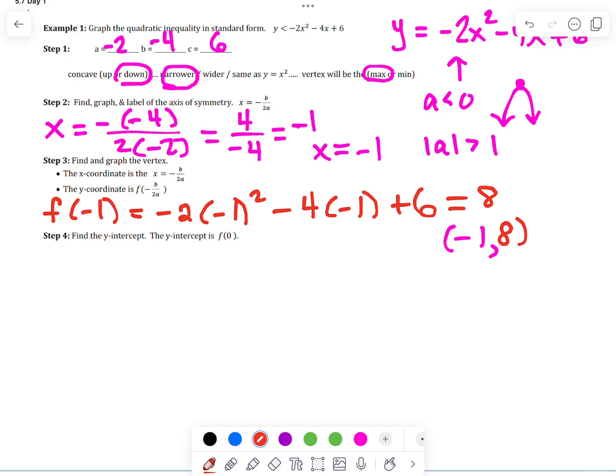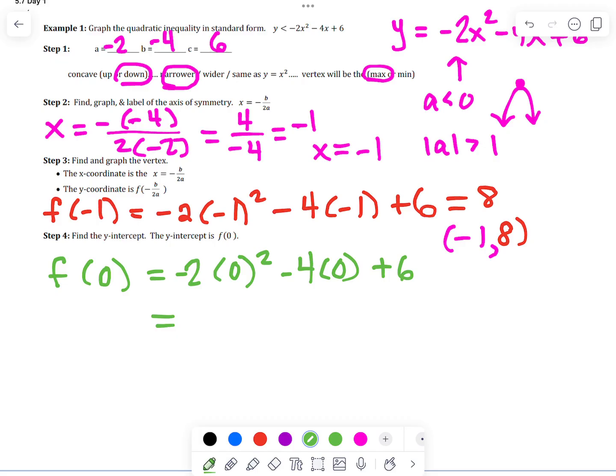Next we want to find the y-intercept. We would evaluate the function for 0. And then we would simplify that using the order of operations or our calculator. And what we get is 6. Notice that is always going to also be the c in the equation when it's in standard form.